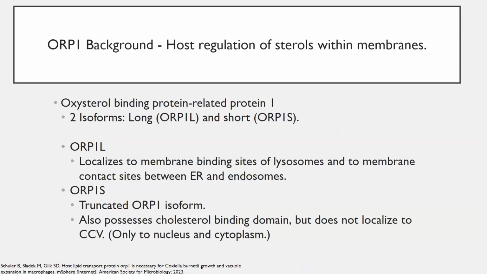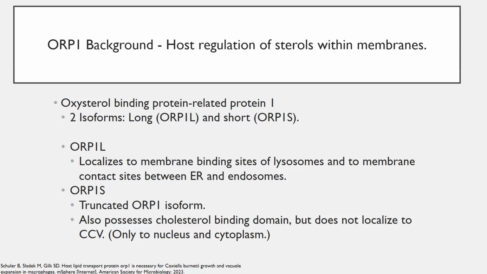Moving on to the background of the protein of interest. ORP1 generally regulates the concentration of sterols within membranes of a host cell. So this includes within lysosomes and even across the cell membrane, and it has interactions in the ER as well.